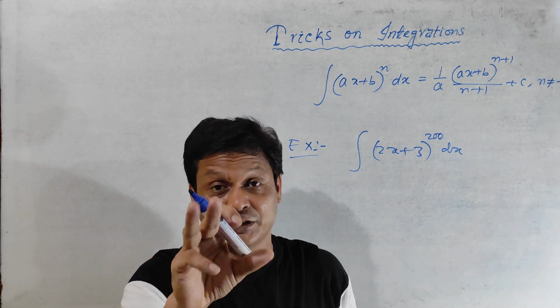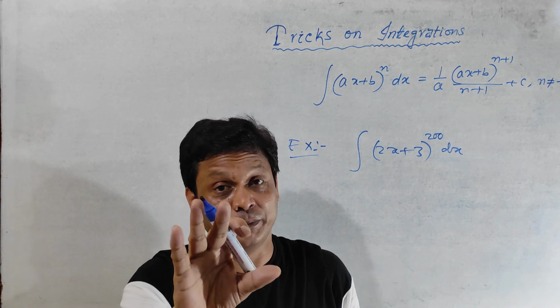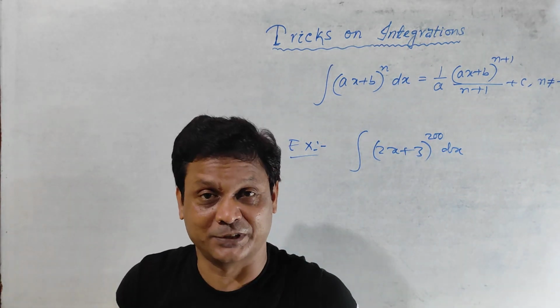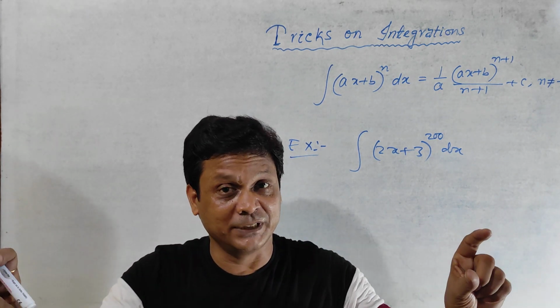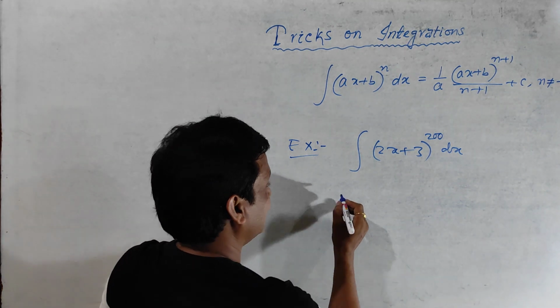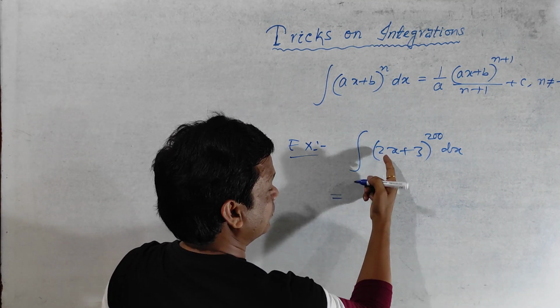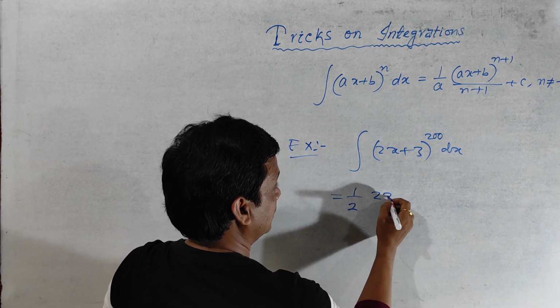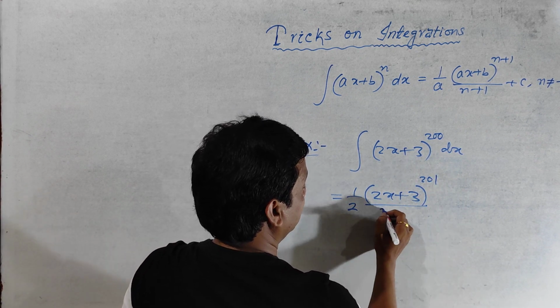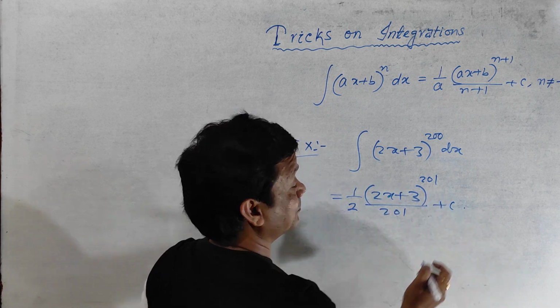Because (a plus b) squared has 3 terms, (a plus b) cubed has 4 terms, so (a plus b) to the power 200 has 201 terms. Expand 201 terms, then write the answer? Clear? So the coefficient of x is 2, so write 1 by 2, then (2x plus 3) to the power 201 divided by 201, plus c.